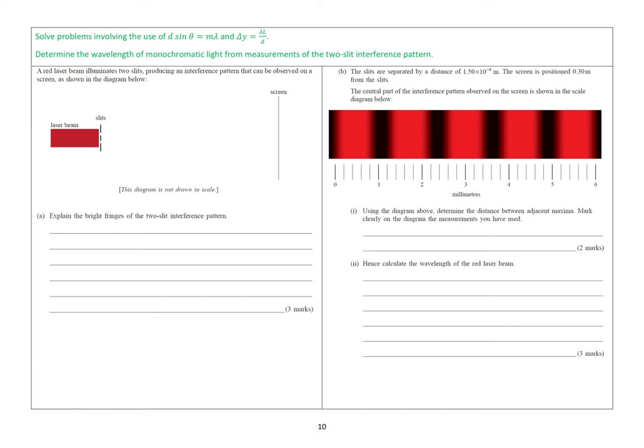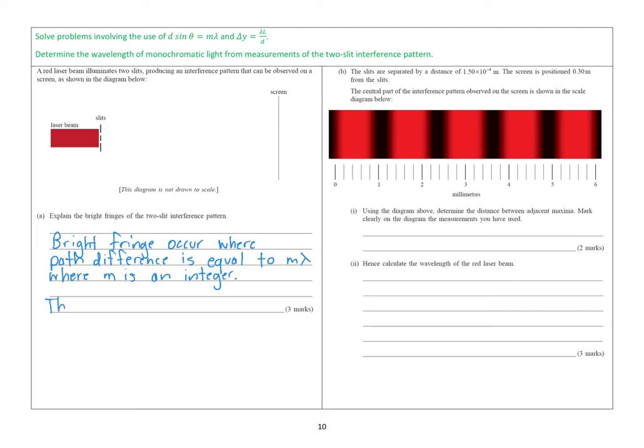So the key thing we want to have here is: bright fringes occur where the path difference is equal to m lambda, where m is an integer.